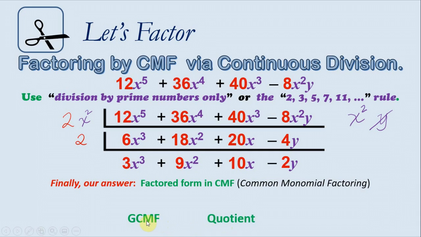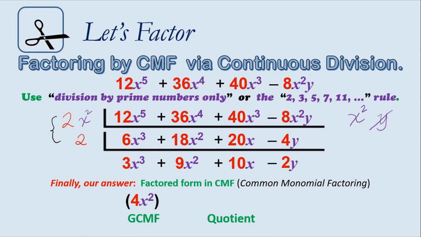To find the GCMF, let's get back to what have been our divisors so far. That would be 2x squared and 2. By multiplying divisors 2x squared and 2, this will give us the GCMF, which is 4x squared.